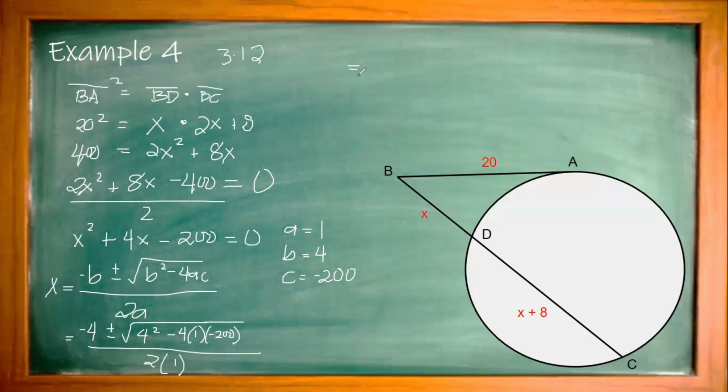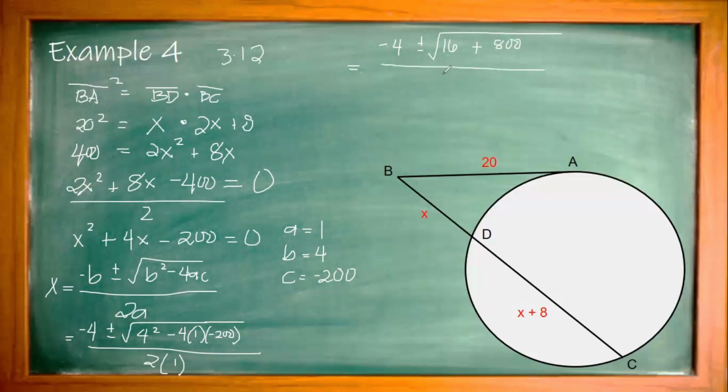So if we operate now, it results to negative 4. I will be placing the solution on this space here. And 4 squared is 16. Minus, I will get all the items here and just multiply that. So the result is positive 800.